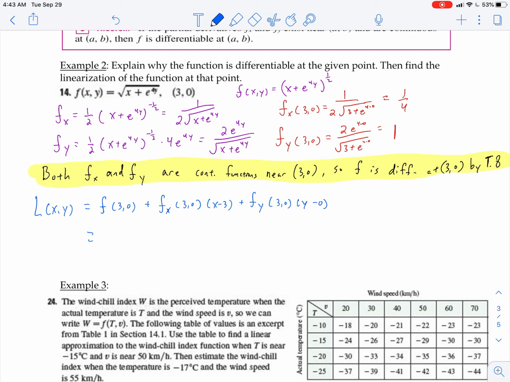I'll just put that there, and I can clean it up because there's still some more that I need to do.